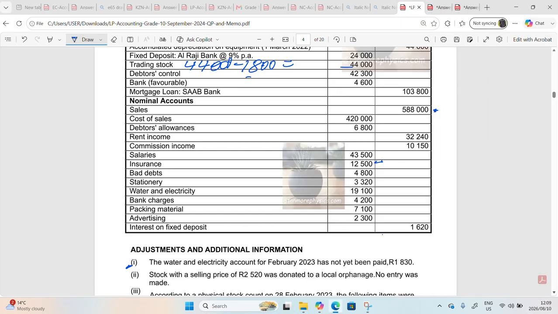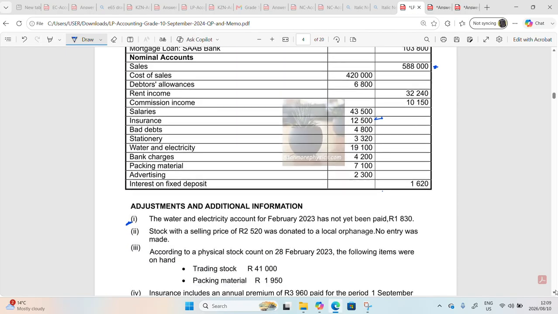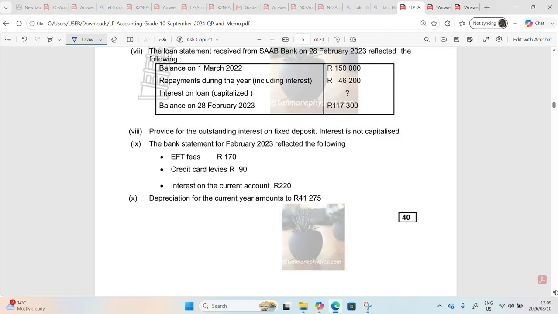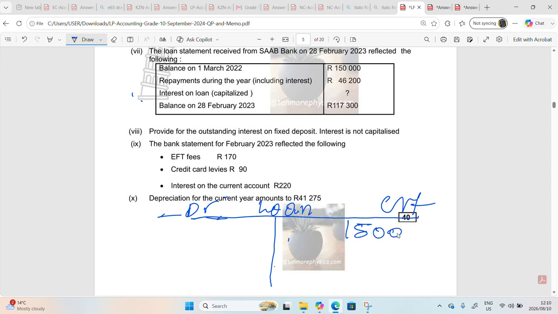What happened now? Come on, I'm almost done. So here's what I always do with loan. Draw the loan account, just write loan. It increases on the credit side, decreases on the debit side. So we have the opening balance, guys, 1st March, 150. So you need to ask yourself, what will increase loan?